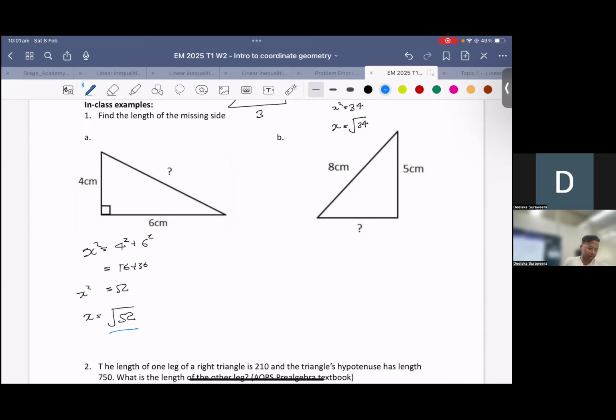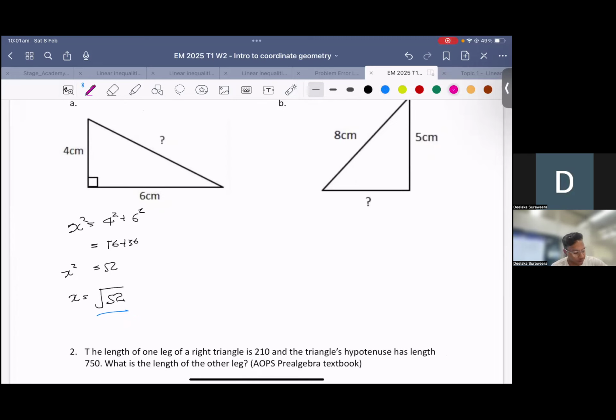It's a little tricky. Try to identify all the factors of 52 that are squares. If you're not sure, you can break it down on the side. What are some factors of 52? Yeah, 2, and 26.